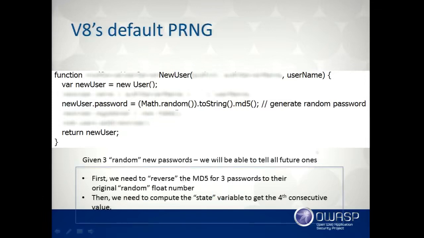Again, without going into too many technical details, just by knowing three consecutive random numbers from Math.random, we can guess the fourth, fifth, sixth, etc. So what's the angle of attack here? We can use the reset password functionality or new user functionality on the website.